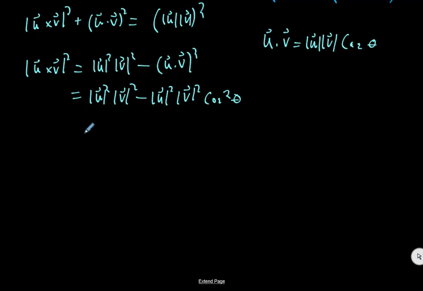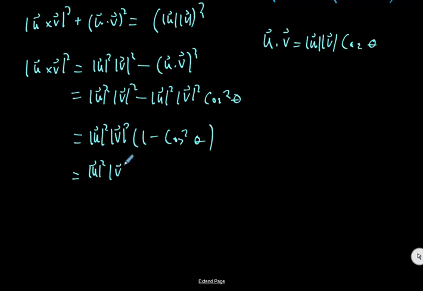Almost there. And then look, I have a common factor of magnitude u squared magnitude v squared times 1 minus the cosine squared of theta, right? But what is 1 minus the cosine squared of theta equal to? That's equal to the sine squared. So I got magnitude u squared times magnitude v squared times the sine squared of theta, and this is equal to the magnitude of u cross product v, all squared.